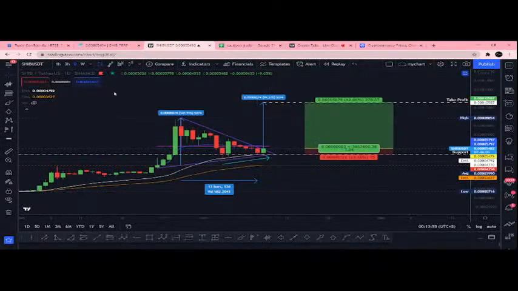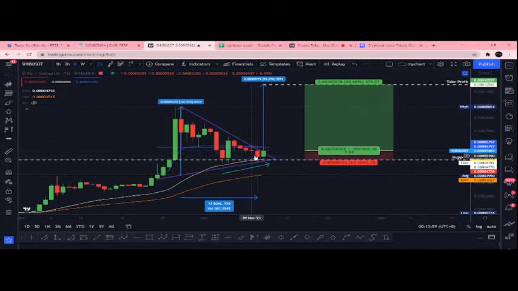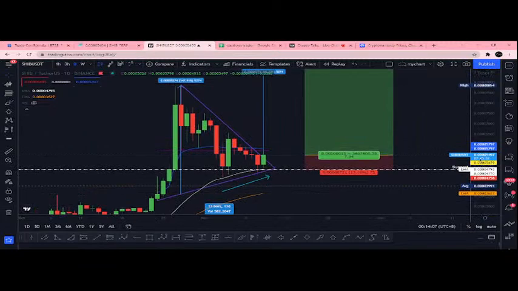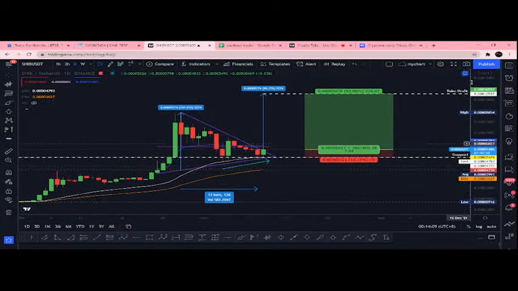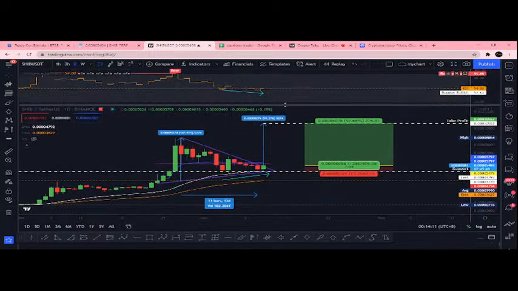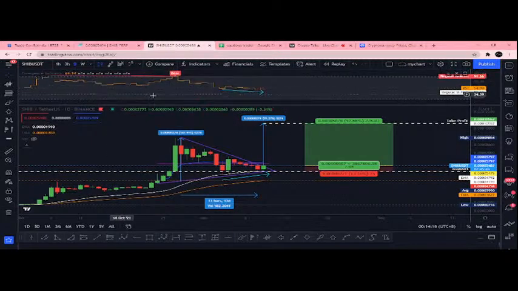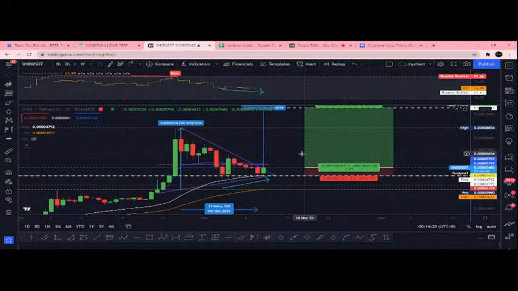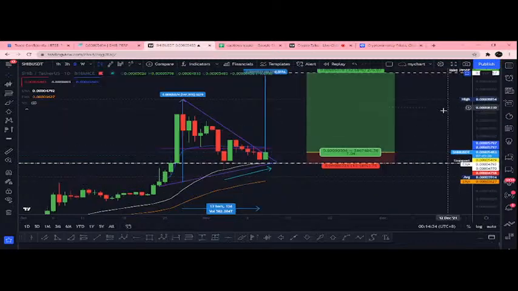The reason why I long it is because first, it seems like it's holding at EMA 30, which is the white one here, that's the 4,800 area. Second is that there is a bullish divergence at that area. So that's two reasons why I long it.